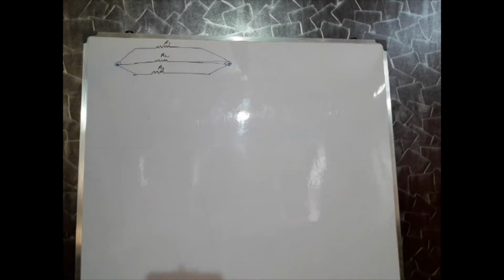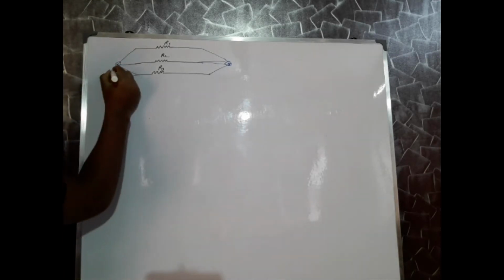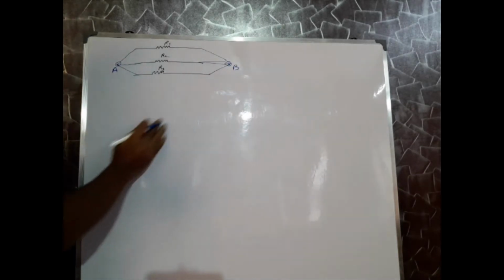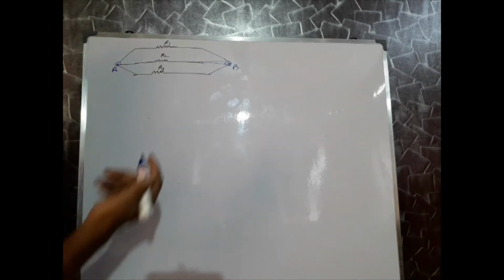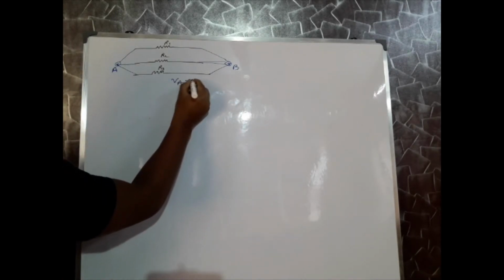We have already told in the basic video how we identify the series and the parallel combination. So this is the point A, this is the point B. Can you tell me what is the potential difference of the entire circuit between these 2 points? Simple. The entire potential difference of the circuit is VA minus VB.